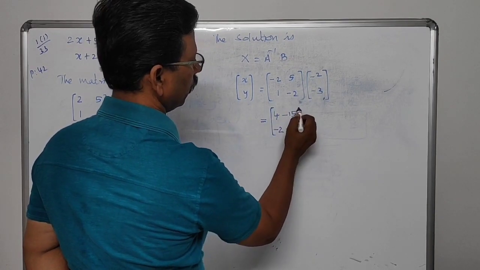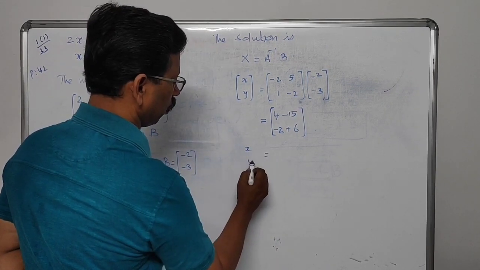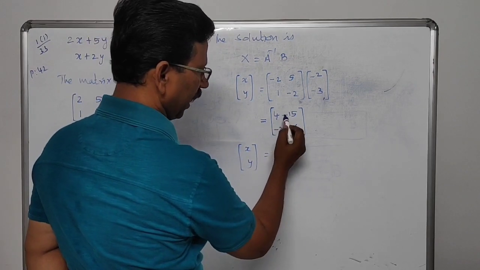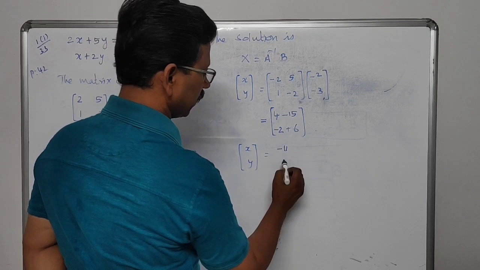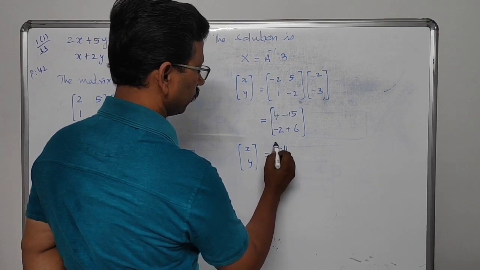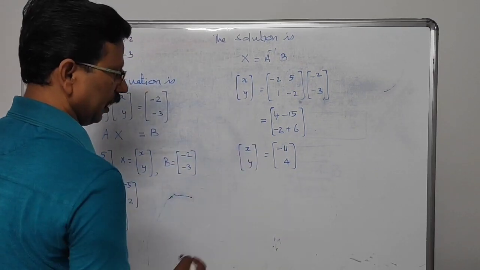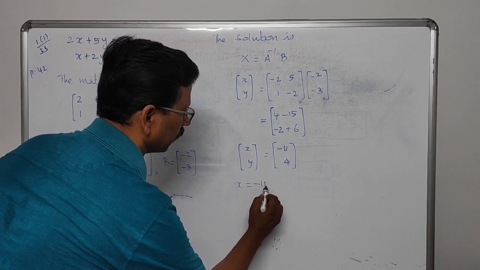Now if you simplify, you get the x, y matrix, which is equal to 4 minus 15 equal to minus 11, and minus 2 plus 6 is equal to 4. Therefore, the solution is x equal to minus 11 and y is equal to 4.